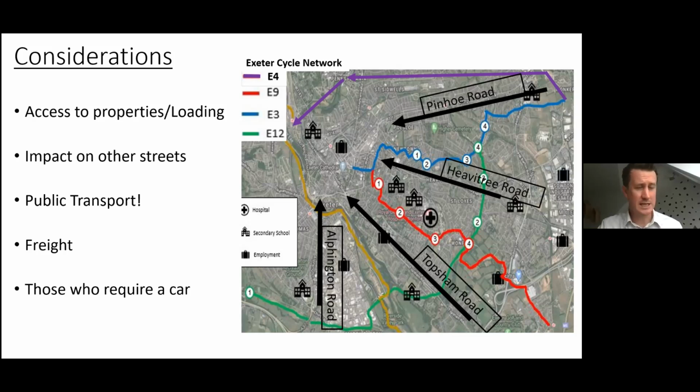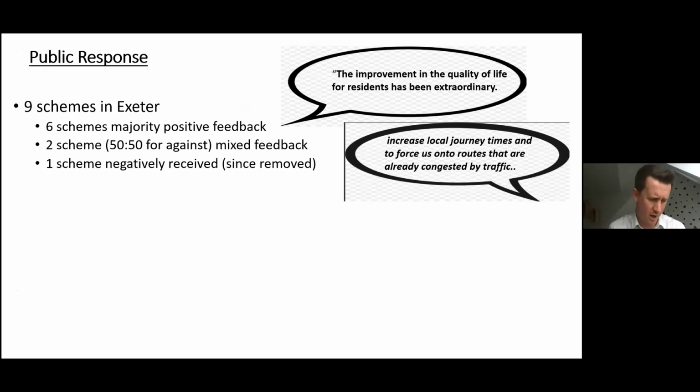And I guess to finish, there's lots of pros and cons on this, but to give a flavour of our experience in Exeter, we put in 9 temporary schemes, and 6 of those we've had really positive feedback, and it hasn't just been about transport. There is stuff about walking and cycling being safer, but there's also people talking about their quality of life, their interaction with neighbours.